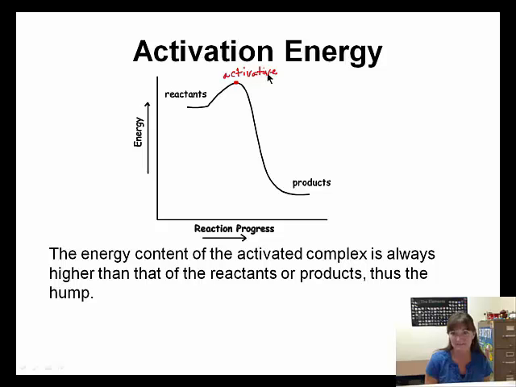Technically, if we talk about how much energy the activated complex has, we'd come over here to the y-axis and read the y-axis. This is how much energy the reactants have, and down here somewhere is how much energy the products have, because you'd carry it over. So the activated complex is always higher in energy than the reactants or the products, so you're always going to have this hump.